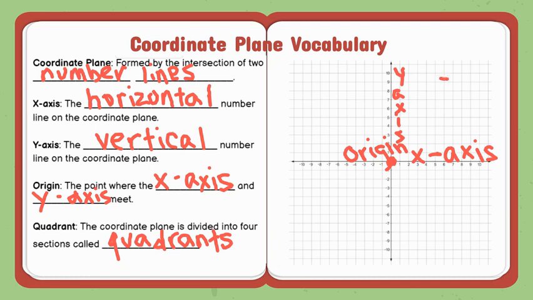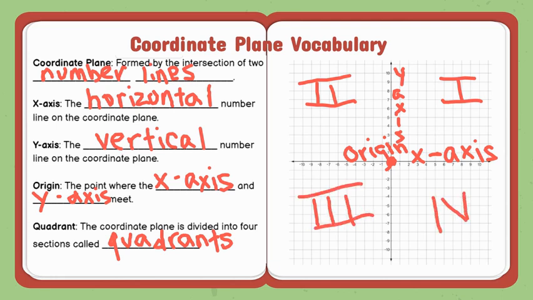So this is quadrant 1, the upper right. Okay, upper left is quadrant 2. The bottom left is quadrant 3. And the bottom right is quadrant 4. Pause this video if you need some time to catch up.